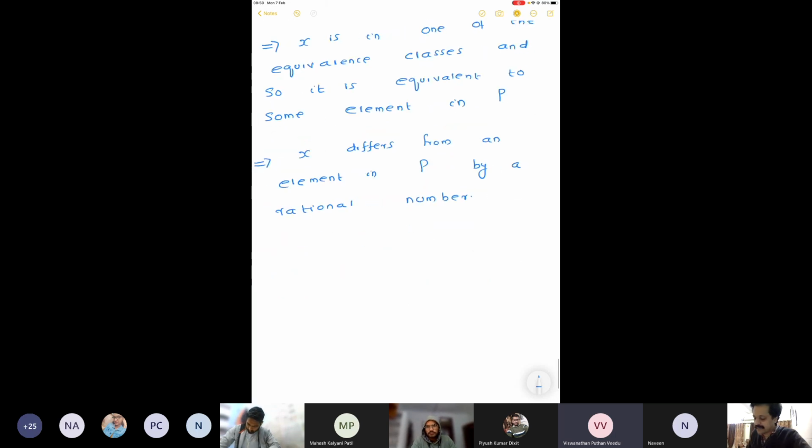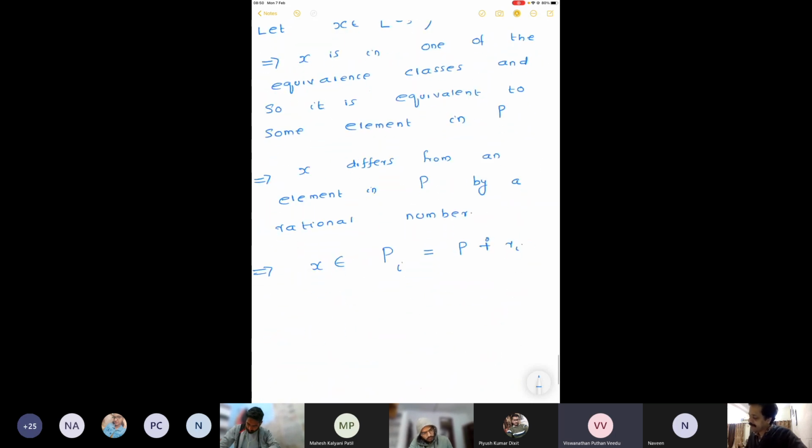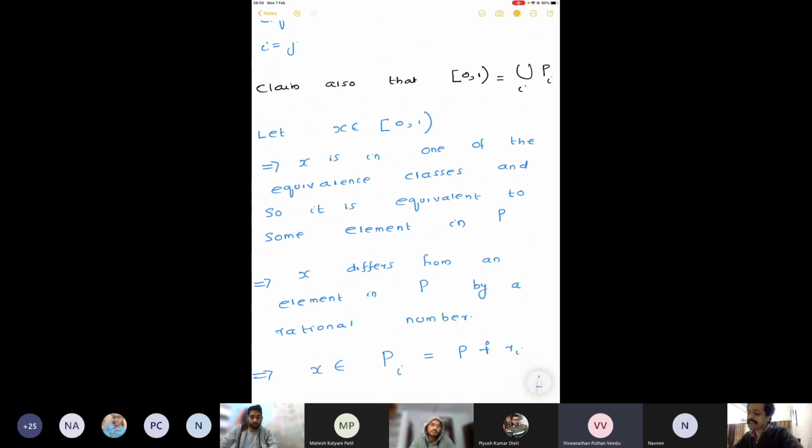So that implies x is in Pi. x differs from an element in P by Ri, means x is in Pi, which is defined as P plus Ri. Maybe you need to think a little bit on this, but this is the idea. So thus, the claim is that closed 0, open 1 is the union of Pi.